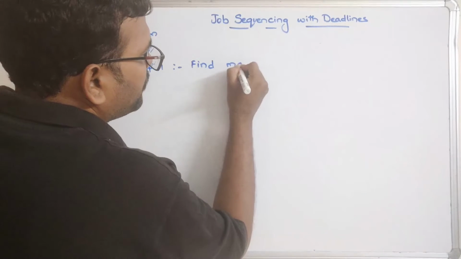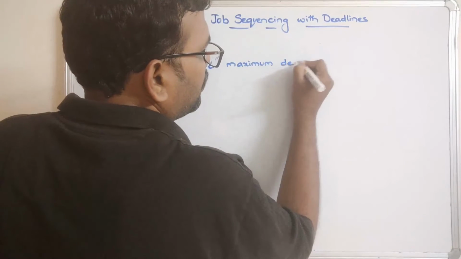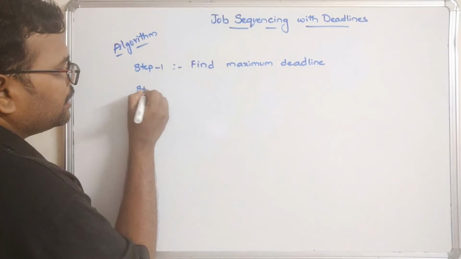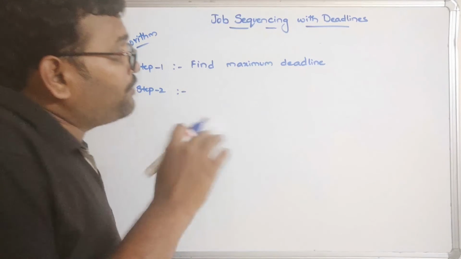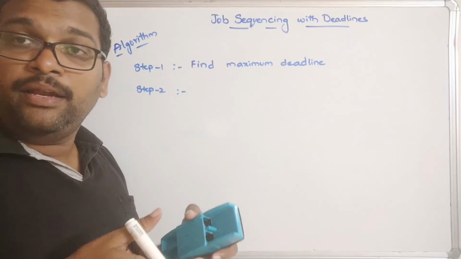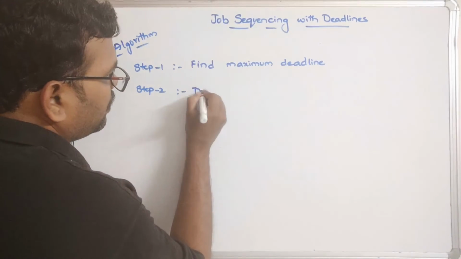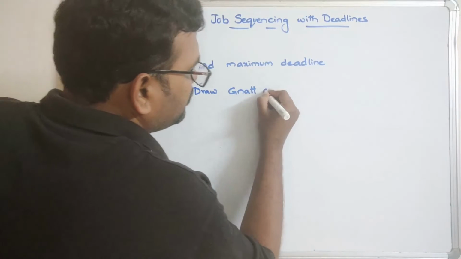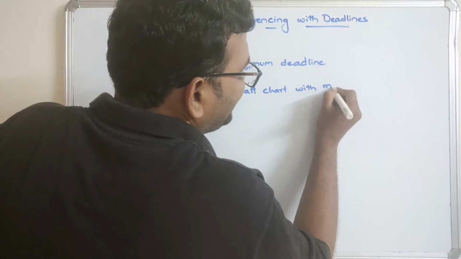Find maximum deadline. And step 2. What is step 2? So after finding the maximum deadline, we need to draw the Gantt chart. Draw Gantt chart with maximum deadline.